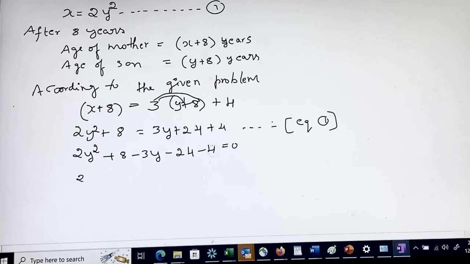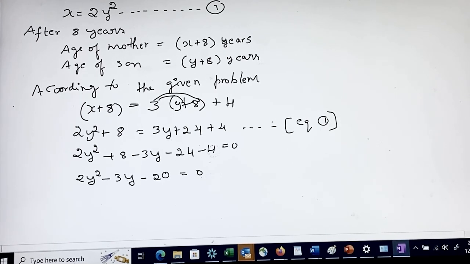If we further simplify this, 2y square minus 3y, then minus 24 minus 4 plus 8. How much will it become? Minus 24 minus 4 is minus 28, and minus 28 plus 8 is minus 20, equal to 0.